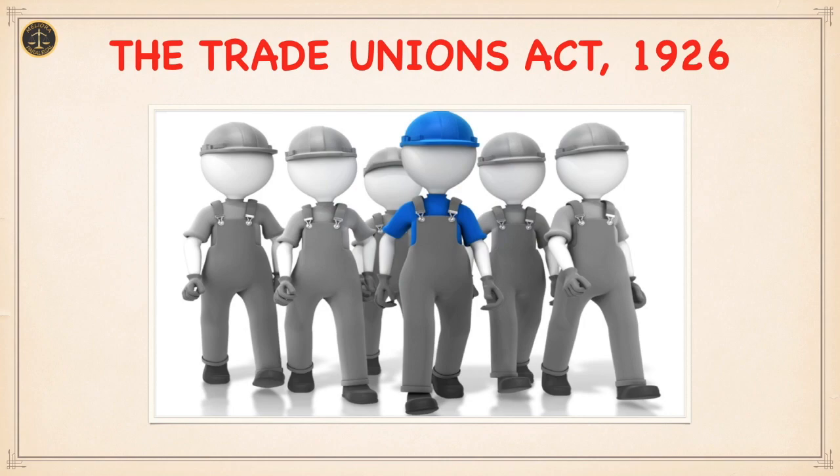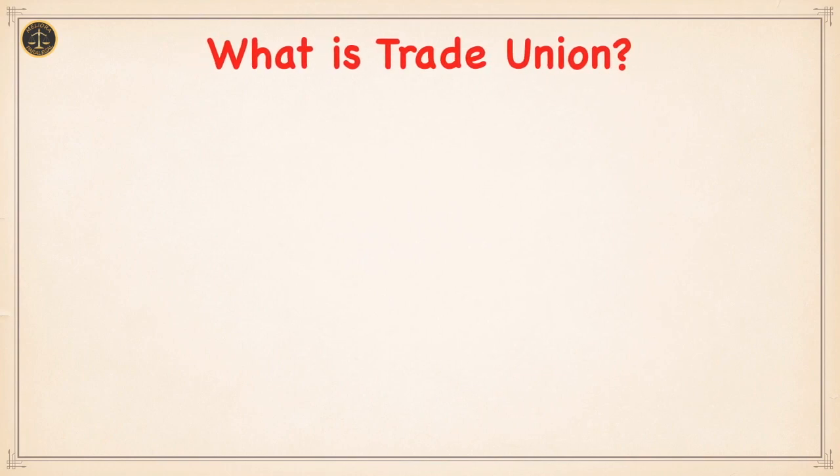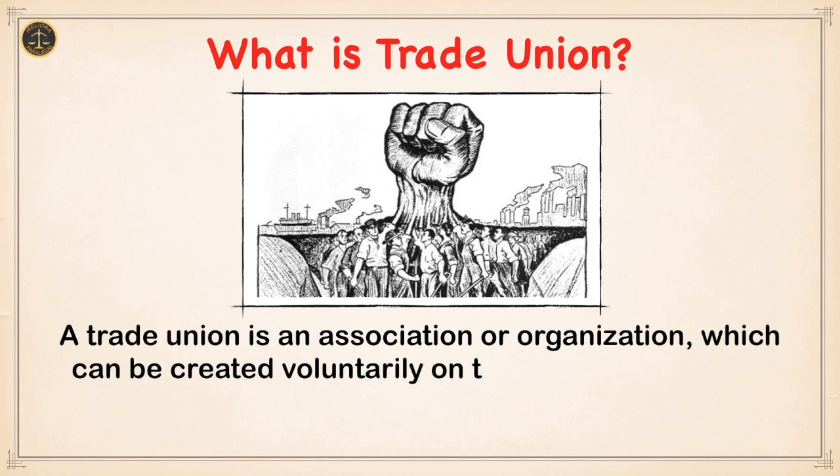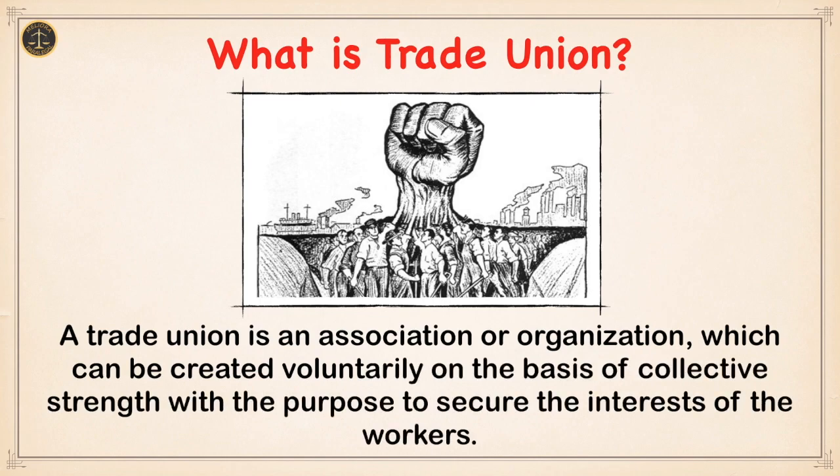Let's start with the concept, that is, what is a trade union? A trade union is an association or organization which can be created voluntarily on the basis of collective strength with the purpose to secure the interests of the workers.